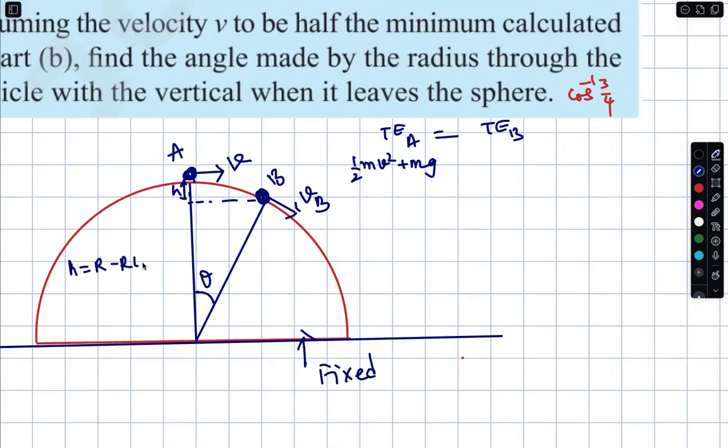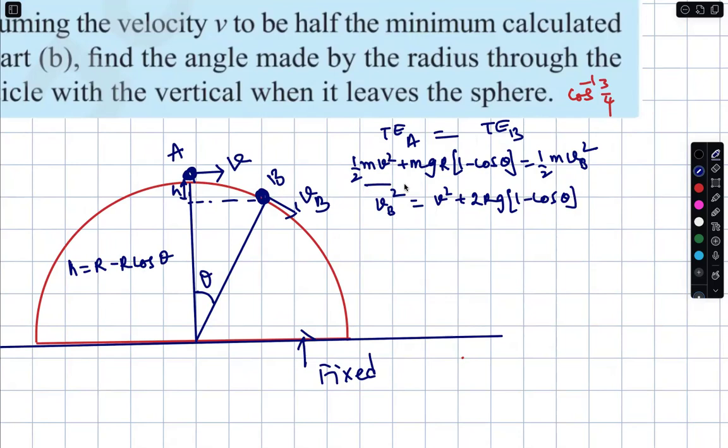R minus r cos theta. Half mvb square. So vb square is v square plus 2rg times 1 minus cos theta.